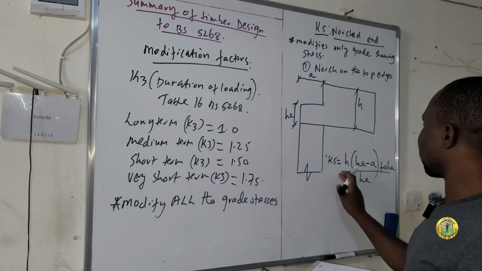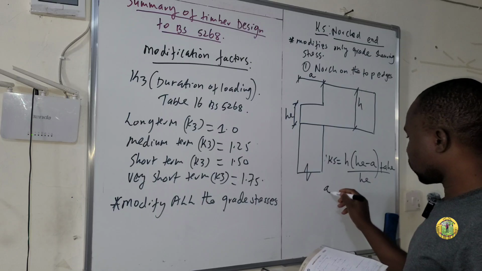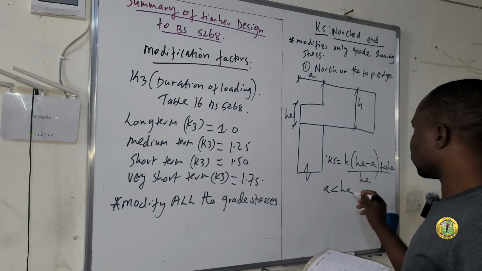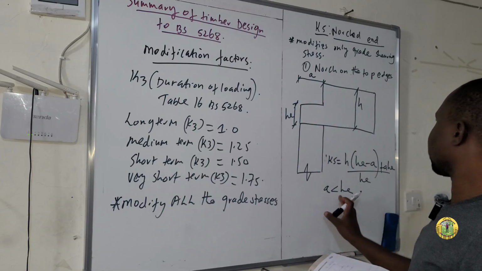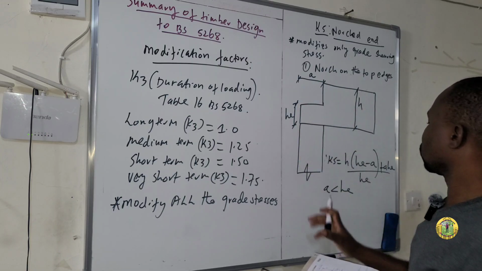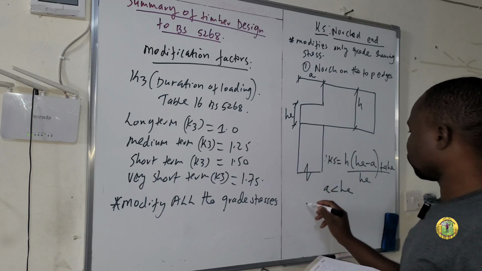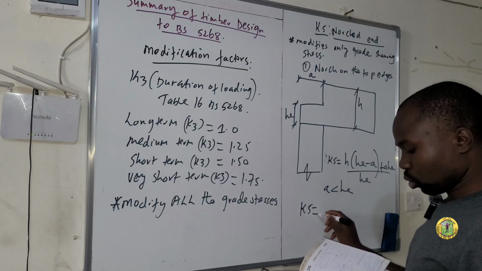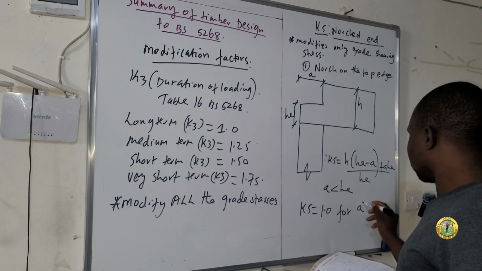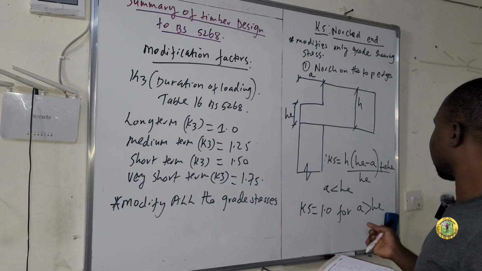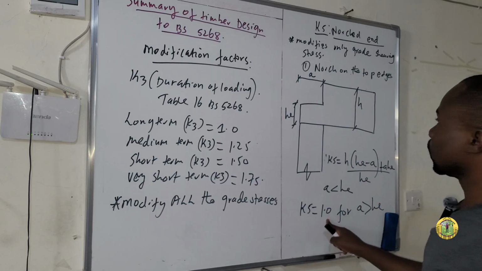This K5 will only apply when A is less than HE, so it means HE is greater than A. And then K5 is equal to 1.0 when A is greater than HE. So in case A is greater than HE, then K5 will be 1.0.